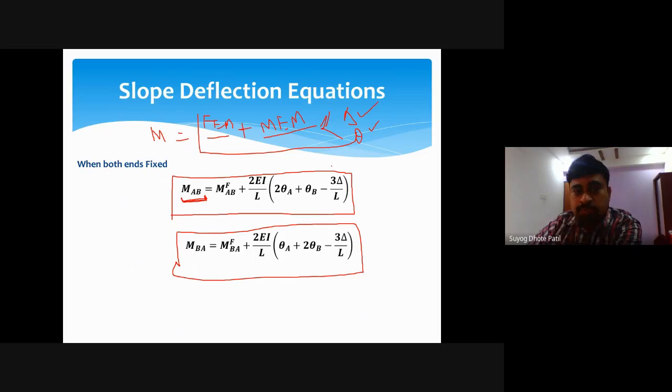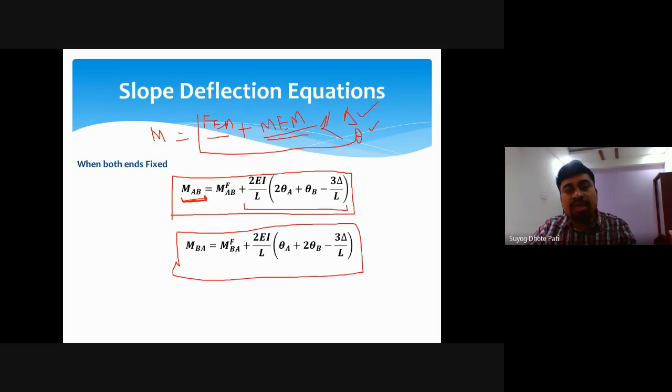So if I consider MAB, the moment in member AB, what parameters will come into the picture? First of all, we will think about displacement.